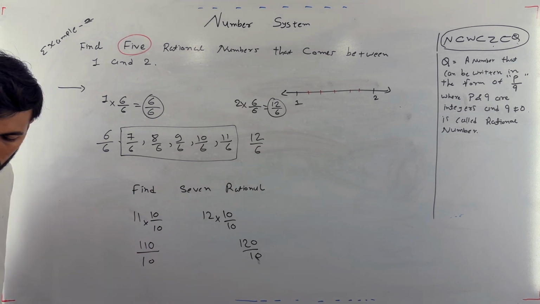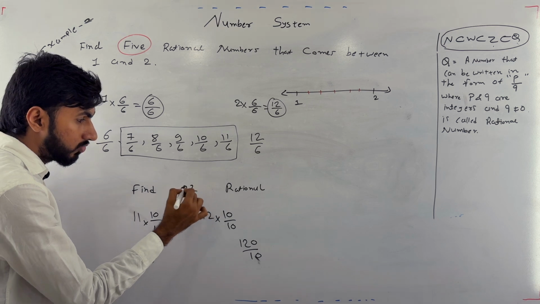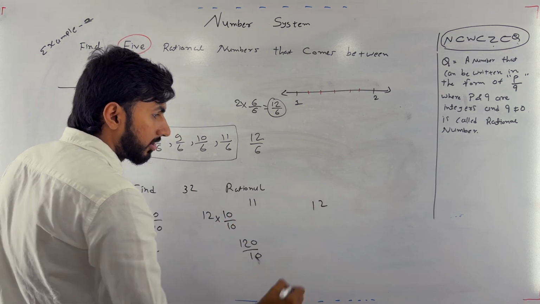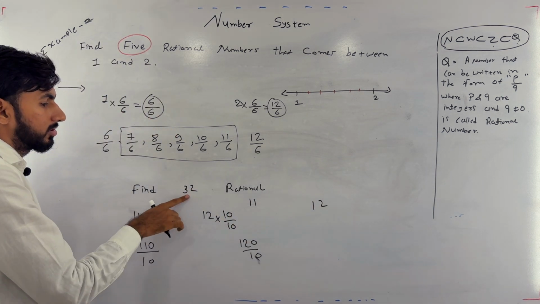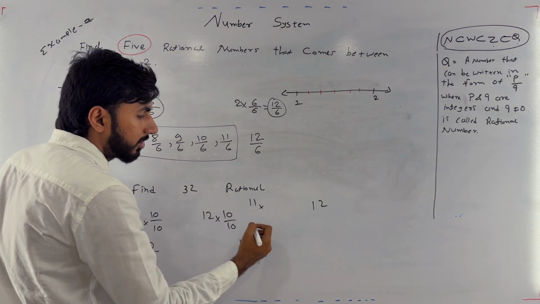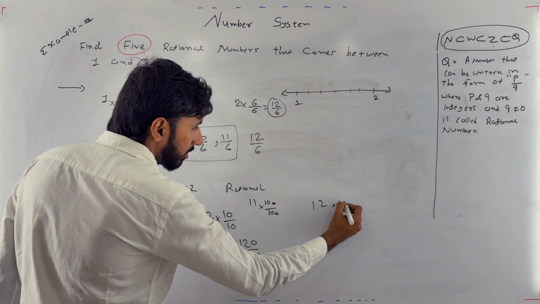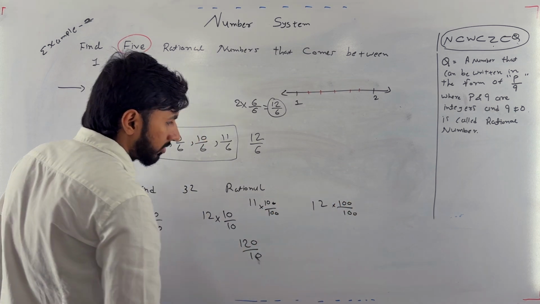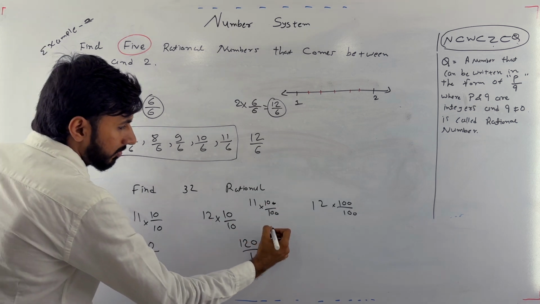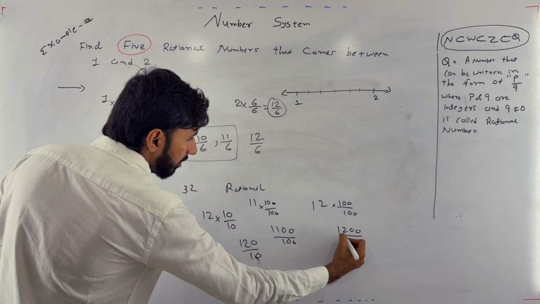Now if I have to find 32 rational numbers between 11 and 12, what I will do is, the easiest number that is more than 32 for multiplying and dividing is 100. So I will write 100. To multiply and divide, the numbers will become 1100 by 100 and 1200 by 100.